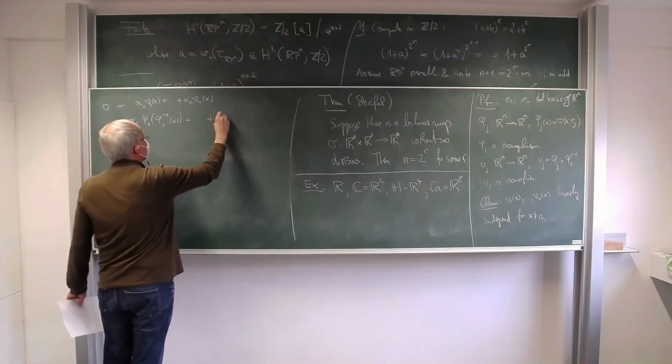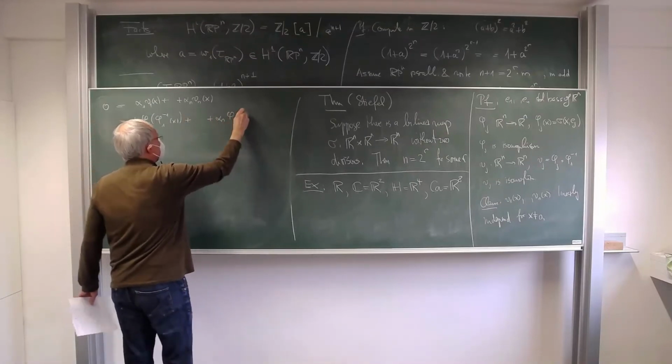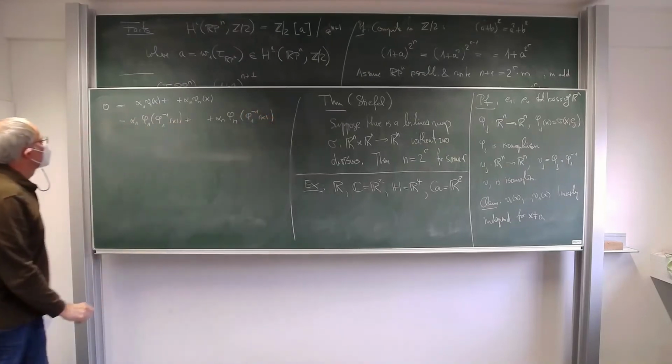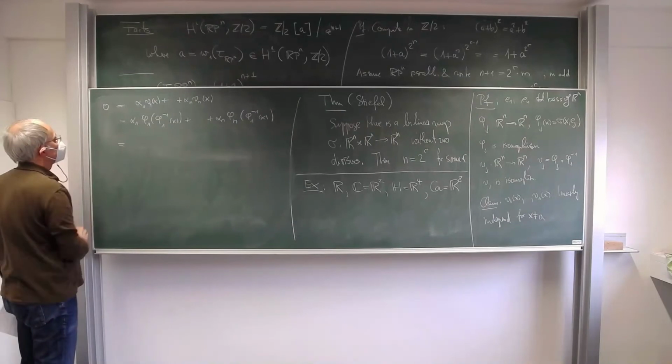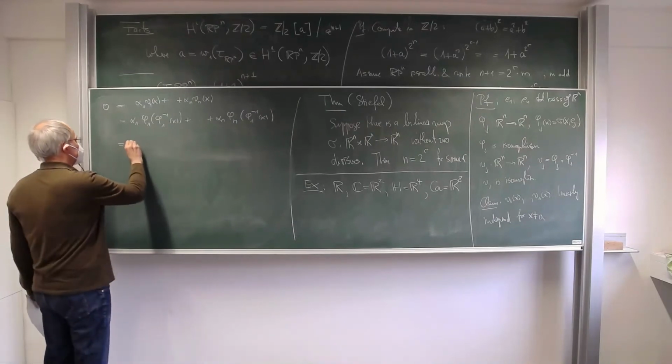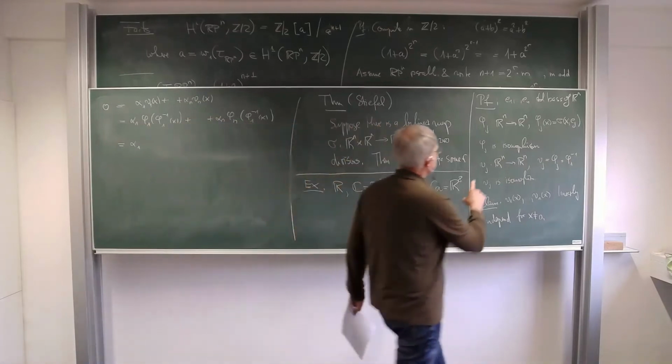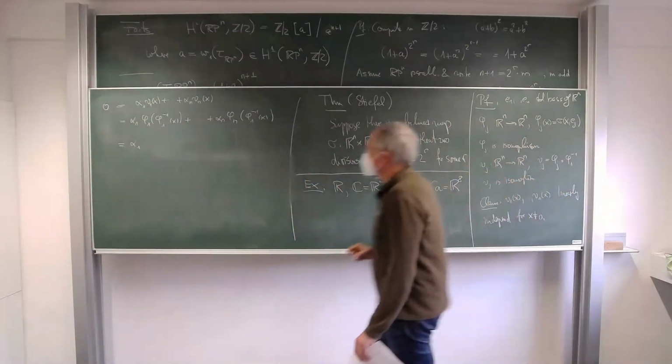Plus and so on, α_n φ_n of φ_1^(-1) of x. So that is α_1. And now, let's see. The definition of this φ is multiplication with the corresponding vector.